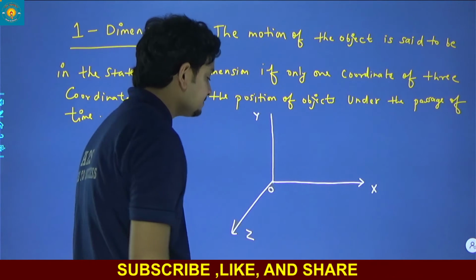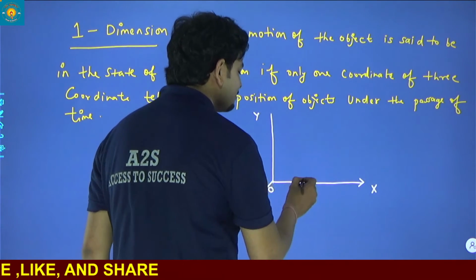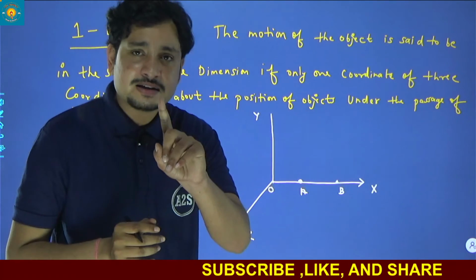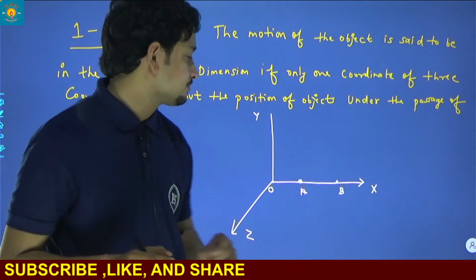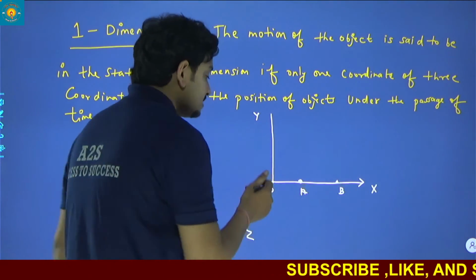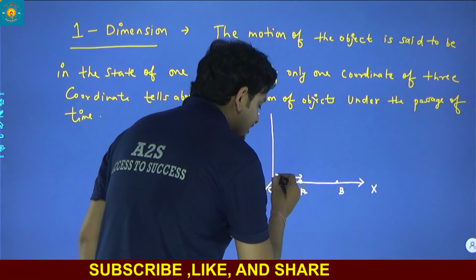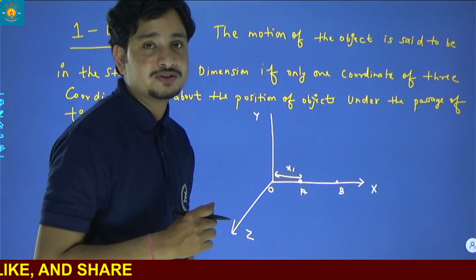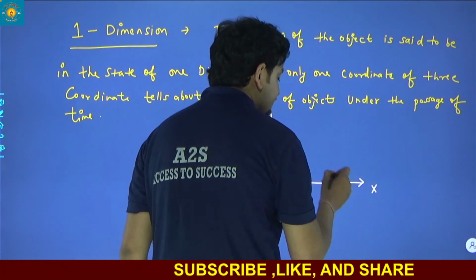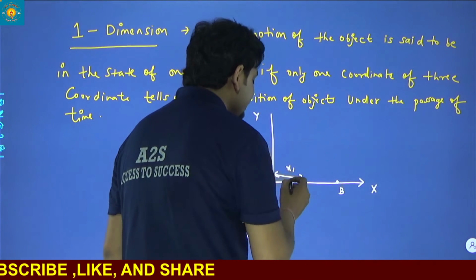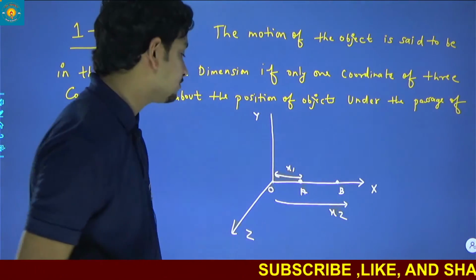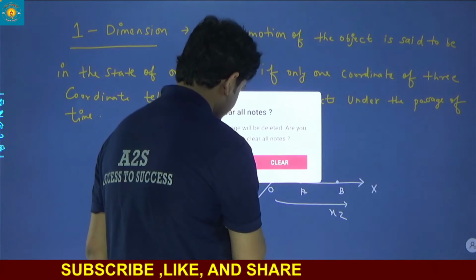Look over here, this is the origin. Some person travels from point A to B. It means it changes its position in only one axis, one coordinate. If we are going to find the position of that person from the origin, this is x1, the position of the person at point A. They change position from A to B, so the position of point B is X2.